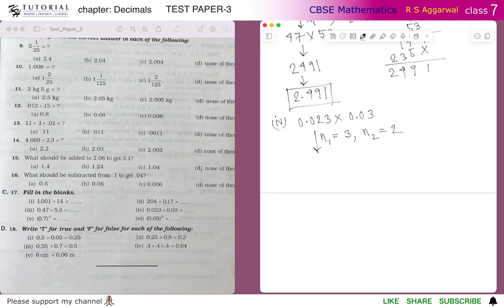Now we multiply both the decimal numbers as whole numbers by omitting their decimal points. So this becomes 23 multiplied by 3. This is 69. Now we have to put the decimal point in 69 such that its decimal places becomes 3 plus 2, 5. So it will be this. This is the answer.